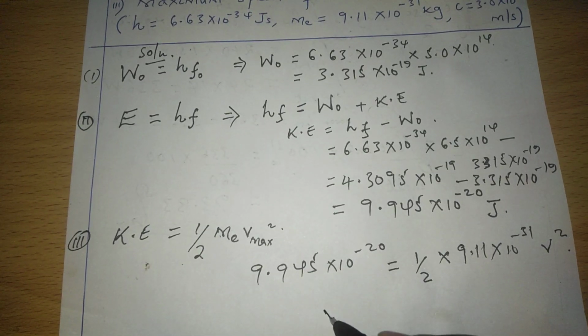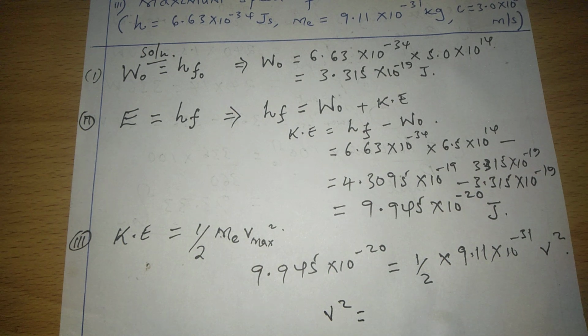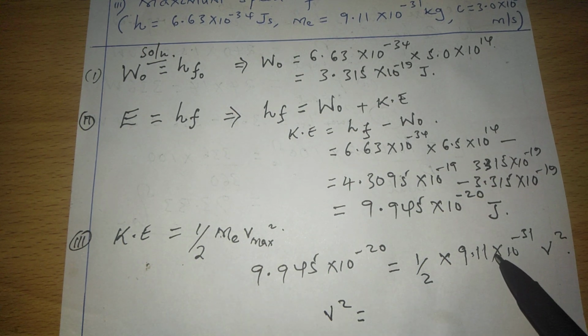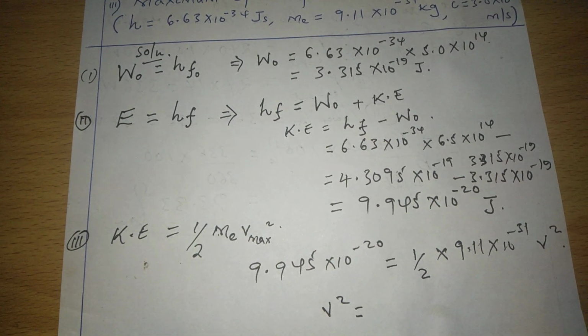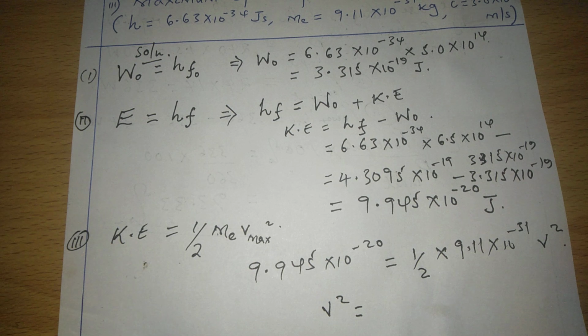To remain with velocity squared, we multiply by 2, then divide by 9.11 times 10 to the power of negative 31, so that we do away with the constant.